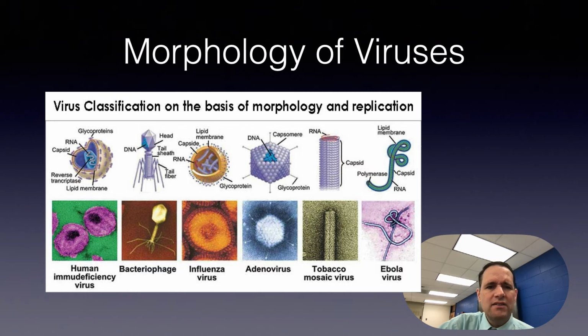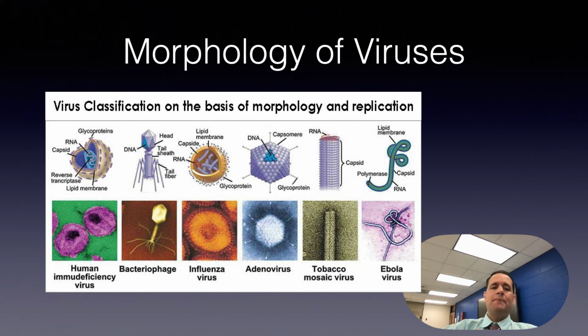The adenovirus is an icosahedral virus. You can see how it looks like a jaggedy object. Enveloped, on the very left, this HIV virus is enveloped. And head to tail, okay? This bacteriophage here, the second one from the left, is a head and tail, all right?